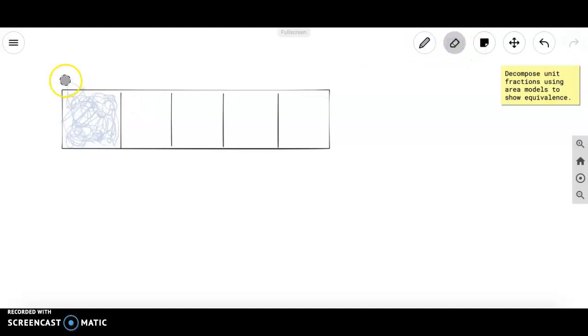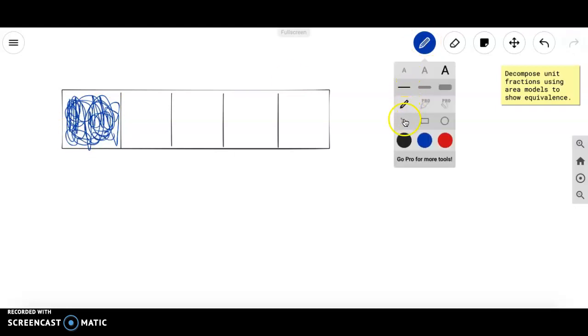Let's see if I can clean this up just a little bit. All right, let's try this again. If I had a regular marker, this would of course be a lot easier. Okay, so let's now work and see what we have here.